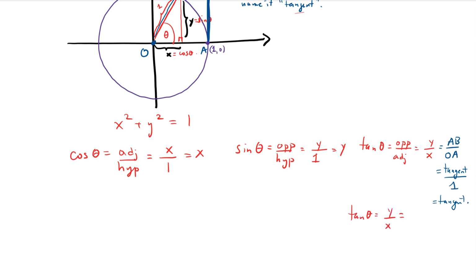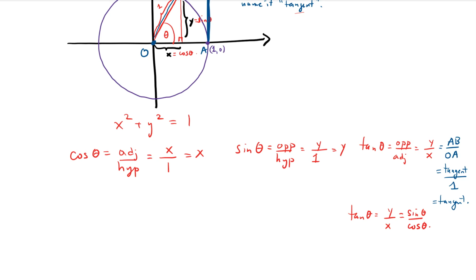We just saw that cosine is x, sine is y. So we can replace y and x by sine and cosine. And if we do this, this is going to be sine of theta over cosine of theta.